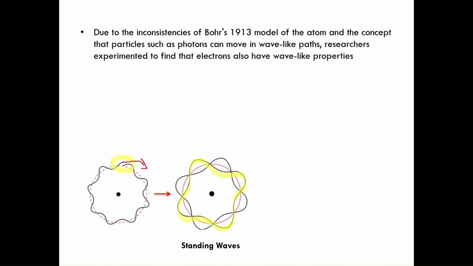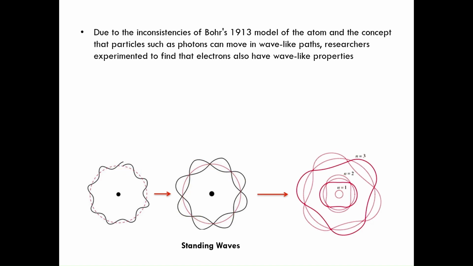To account for this, scientists assign each electron a wave pattern that statistically describes its likelihood of being found in a particular energy level. This final picture illustrates that as orbital space increases with each subsequent energy level, so does the number of viable electron paths around the nucleus.